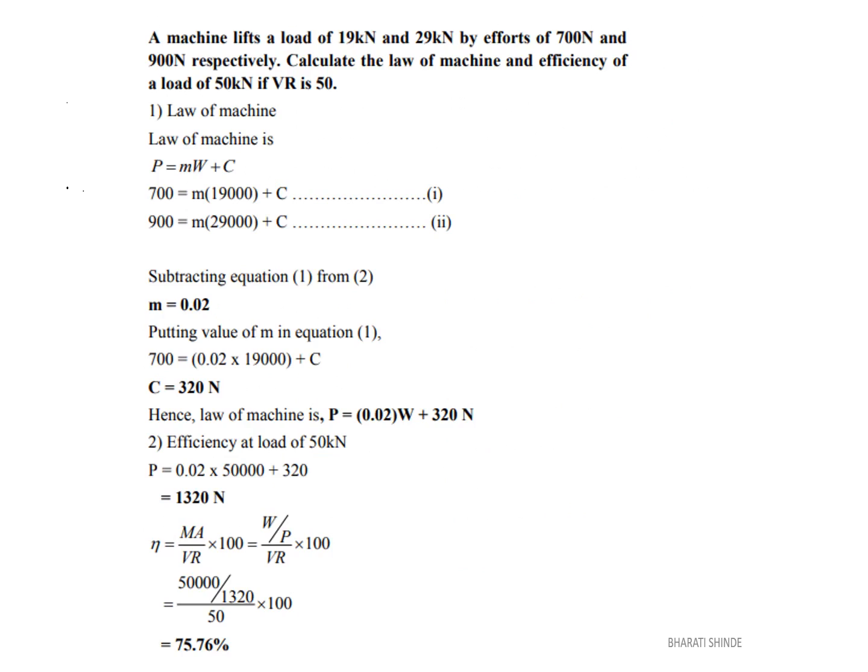Next, we will take example. A machine lifts a load of 19 kilonewton and 29 kilonewton by efforts of 700 Newton and 900 Newton. Calculate law of machine and efficiency of load of 50 kilonewton if VR is 50.